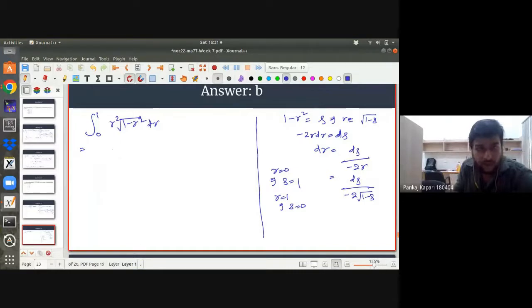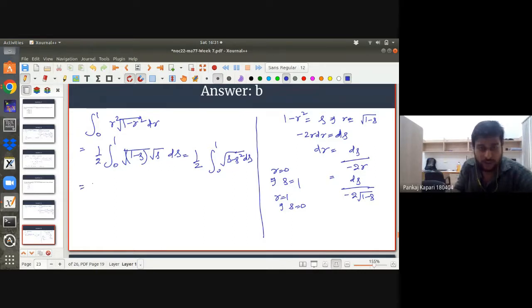So taking half outside from 0 to 1, and this r square will become 1 minus s. So 1 minus s under root times s dr is ds divided by 1 minus s, so this will also become under root. So this integral is half from 0 to 1, s minus s square under root ds.